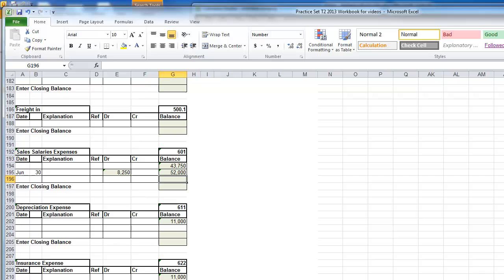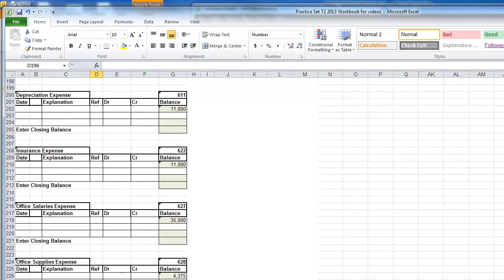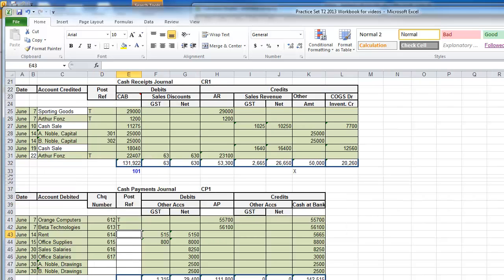Now, what have I not done yet? Well, I haven't put this in. Cash payments 1, but I haven't gone back to indicate sales salary 601, and I didn't put in rent account 629. So back to the special journals. Rent was 629.